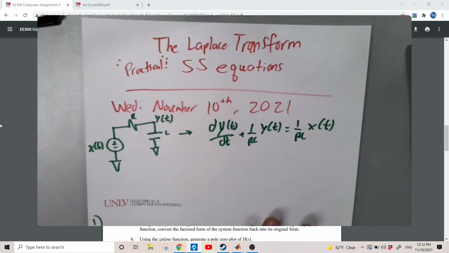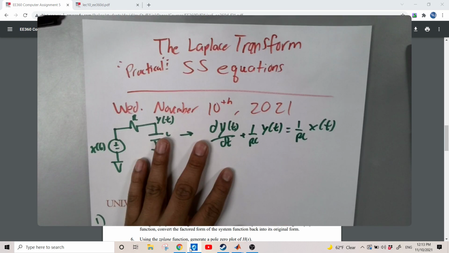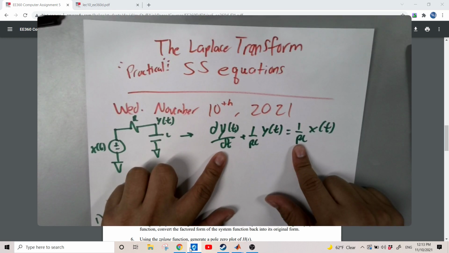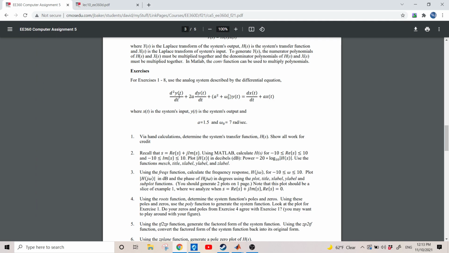So, from what I was trying to show you in this assignment, someone has been asking me, hey David, what is this system right here? Like, what are we doing? And the point is, if you look at what we did last Friday with this system, all you have to do is just add new numbers here.